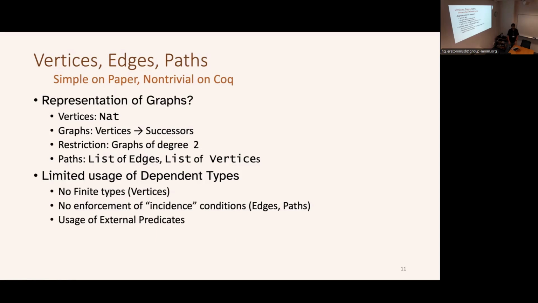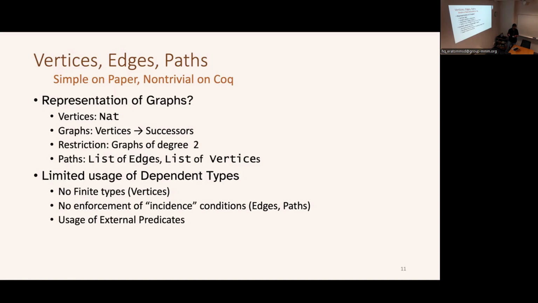Another thing to note is that I did very little usage of dependent types. For example, what I mean by this is that I just used natural numbers for vertices, but someone might want to use a finite type, saying that these vertices all satisfy some predicate that they are less than some natural number.